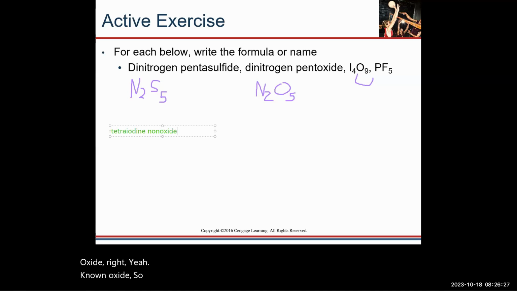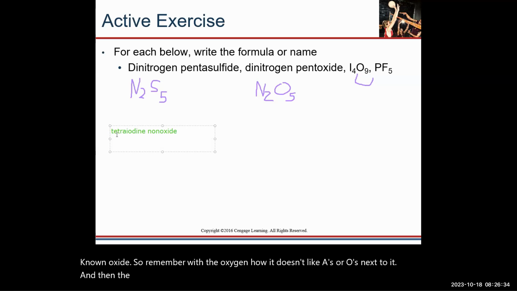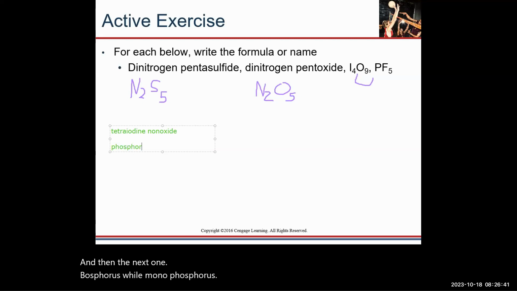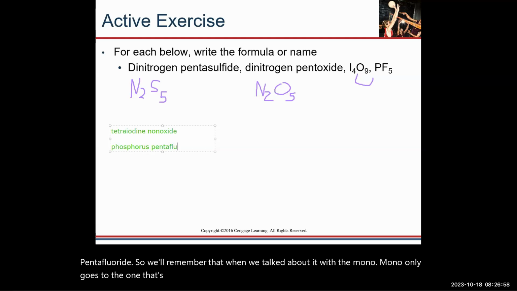So remember with the oxygen, how it doesn't like A's or O's next to it. And then the next one, monophosphorus, or is it just phosphorus? Just phosphorus. And pentafluoride. Pentafluoride. So we'll remember that the mono only goes to the last element, right? If you only have one of the last element, you'll use mono.